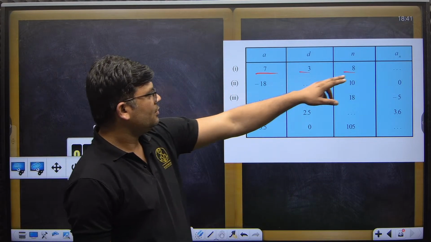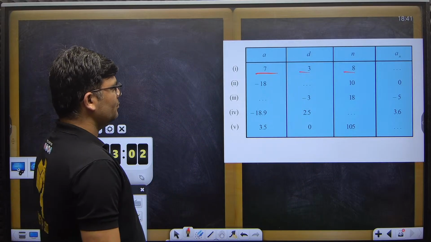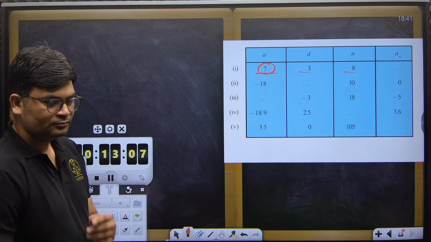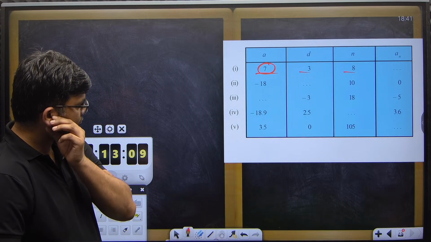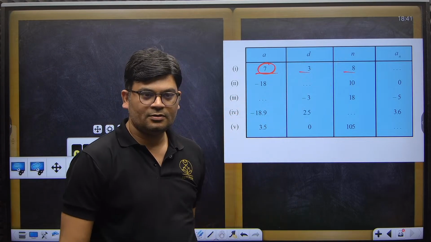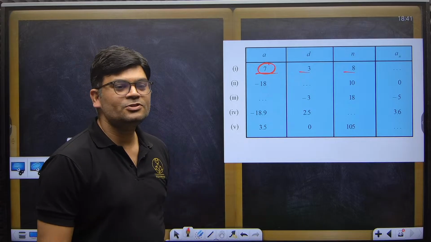So tell me, what is an now in this case? This is your first term. So you will jump 3 times 7. 3 times 7 is how much? 21. 21 plus 7 is 28.